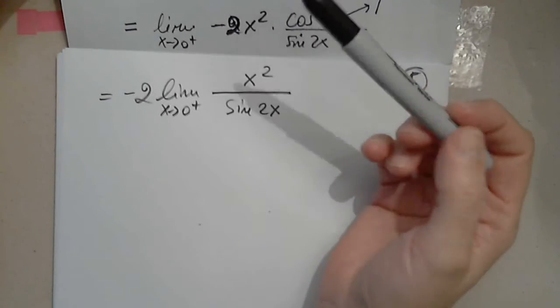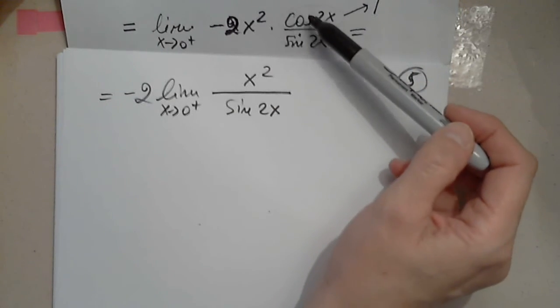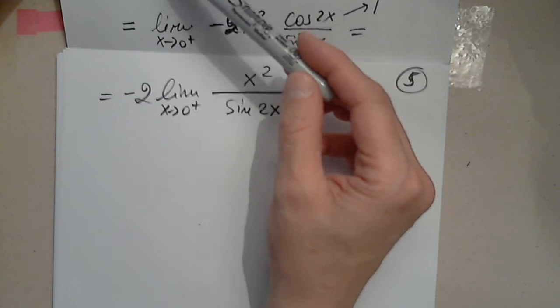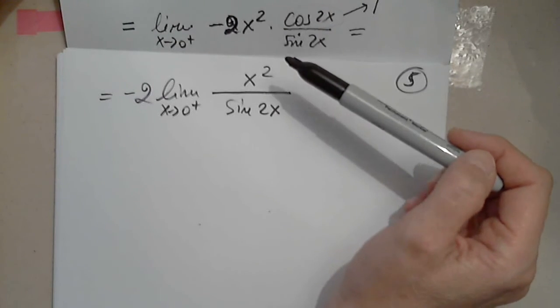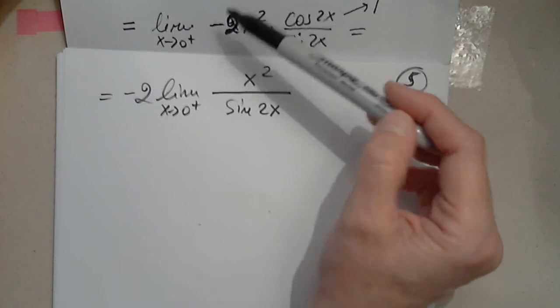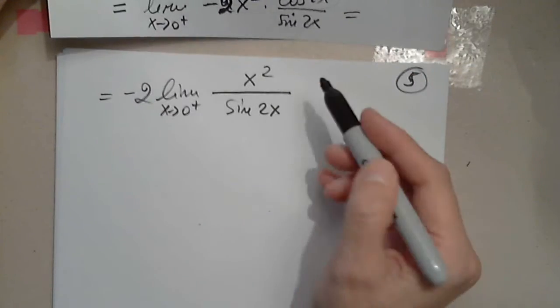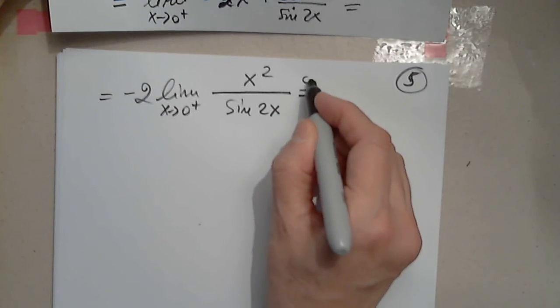At this point, I'm just checking my work one more time. So it's cosine over sine over sine, cosine, that's correct. I flip that, 2 is right here. Okay. So now again I have 0 over 0.